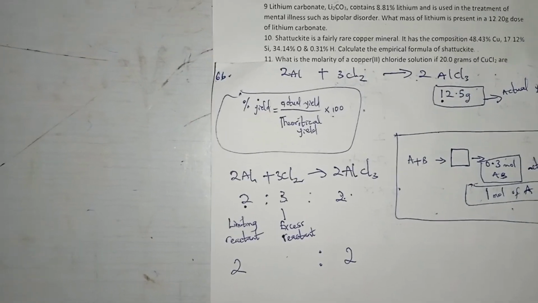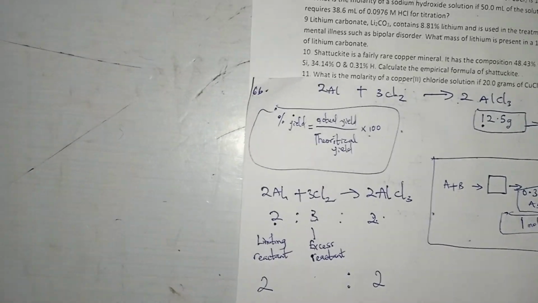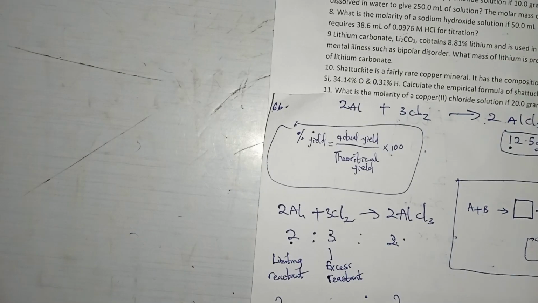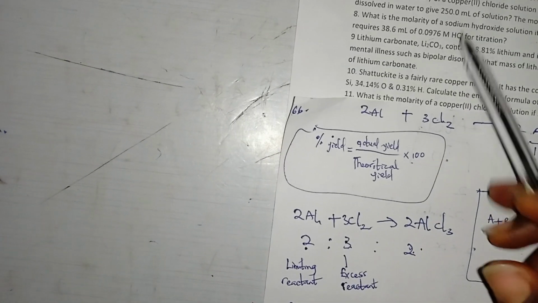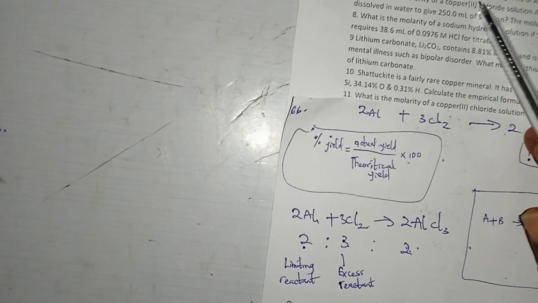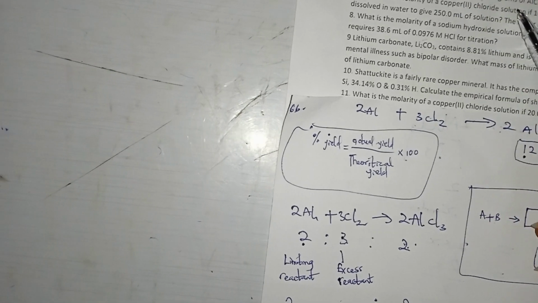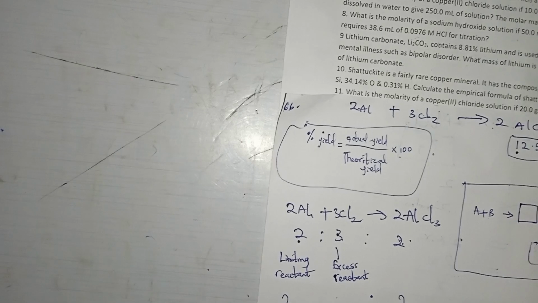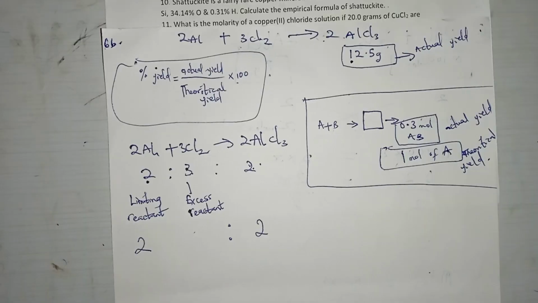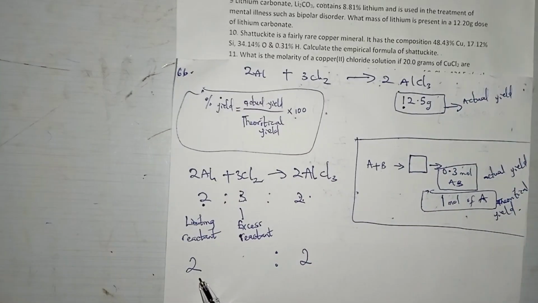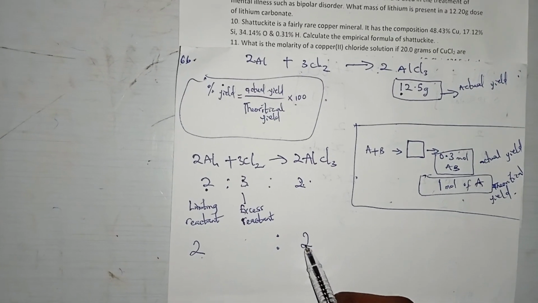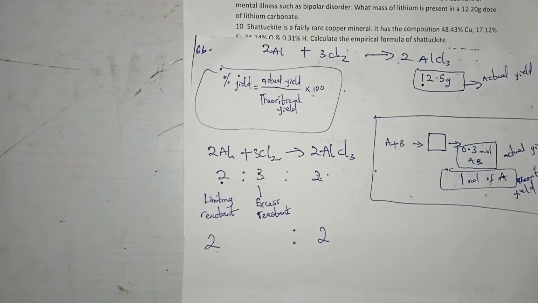While if you check that question, when we finished solving, if you check, at a point, the percentage of this reaction will give us 12.5 grams actually obtained and the rest. So when we finish solving, we got that 2 moles of this is reacting with 2 moles of this. So it's simply percentage yield.